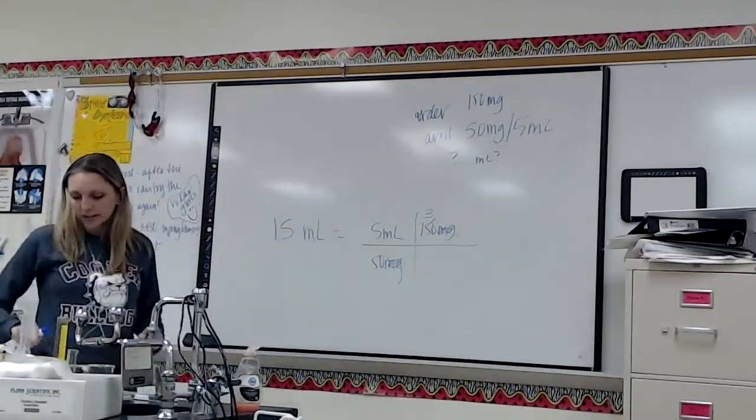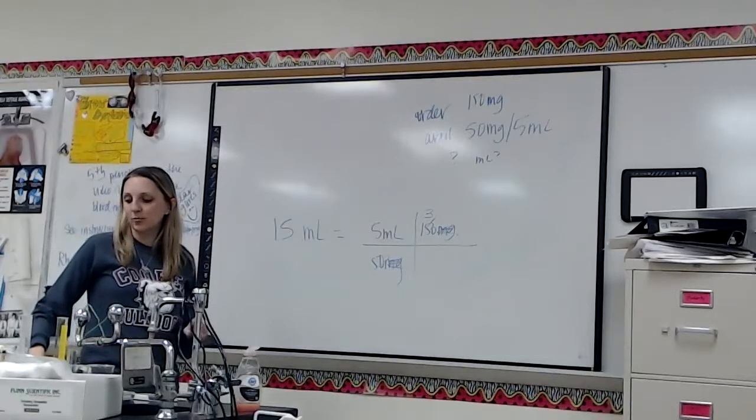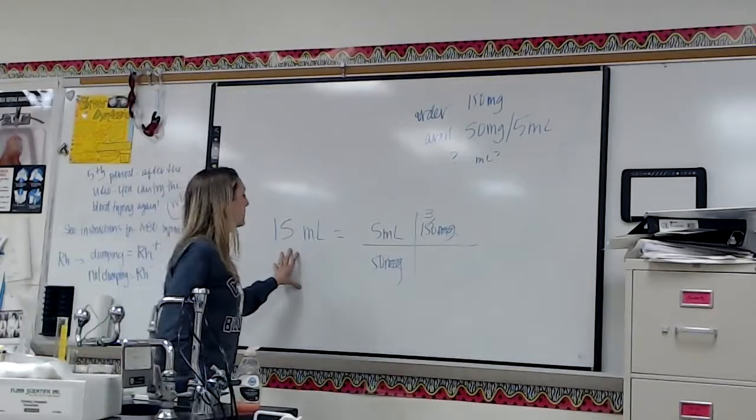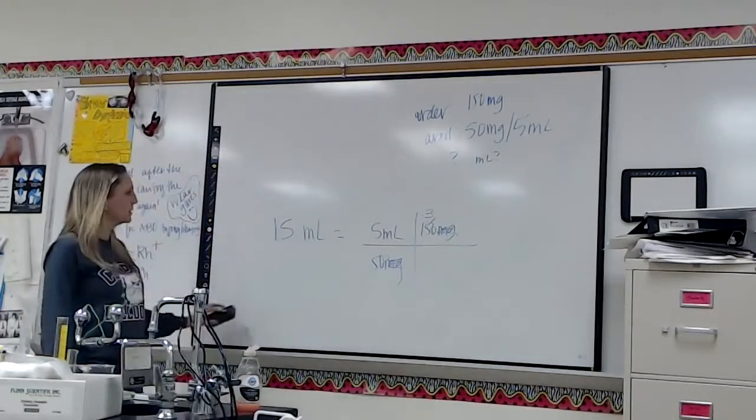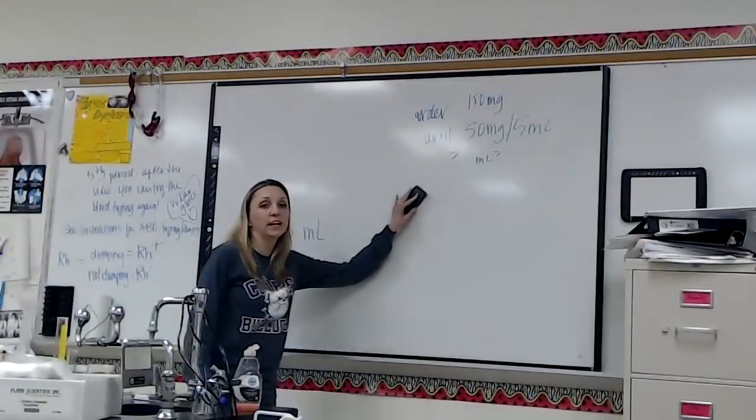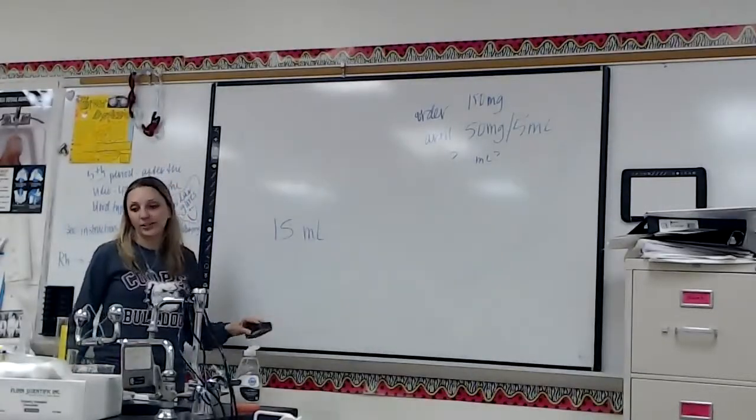Now the next question says, the initial volume of medication to be given with each initial dose in household measurements. Well, 15 milliliters. So now we need to translate 15 milliliters into household, which is like your teaspoons and your tablespoons.